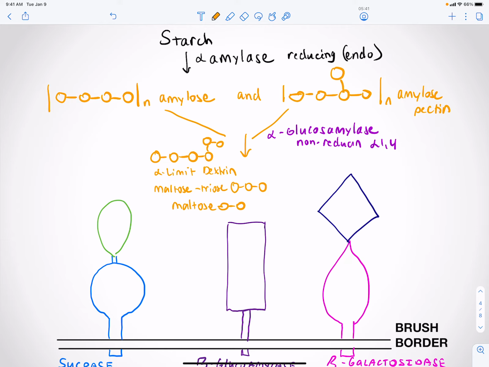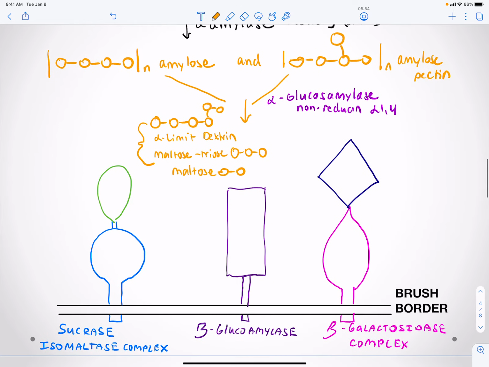And all of these are now going to have to be metabolized by other enzymes. And so your limit dextrins, maltotriose and maltose, can all be metabolized by your sucrase isomaltase complex. And they will come out as glucose.